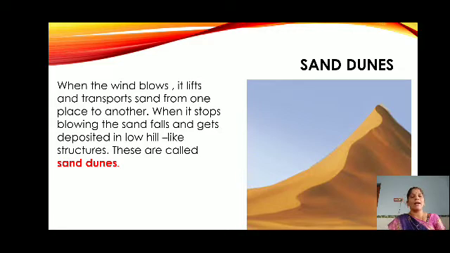When the air loses its speed, it deposits the carried soil and sand in one place, looking like a hill. That is called a sand dune.